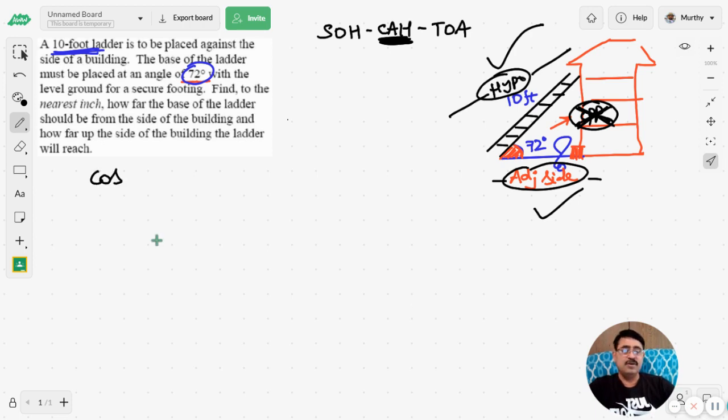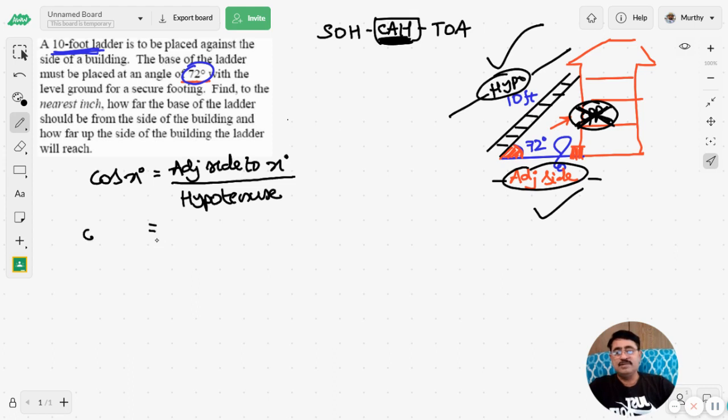Therefore, cos, whatever the angle it may be. So cos theta or cos x degrees is the cos formula. You know that it is the adjacent side to the angle over hypotenuse.